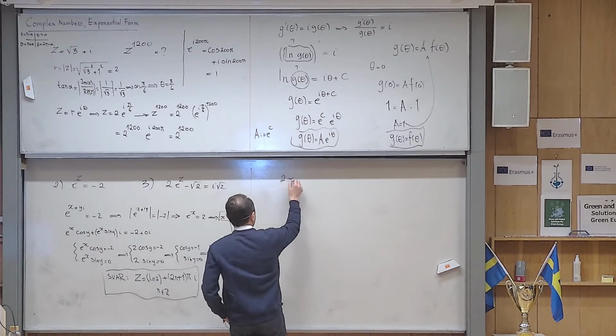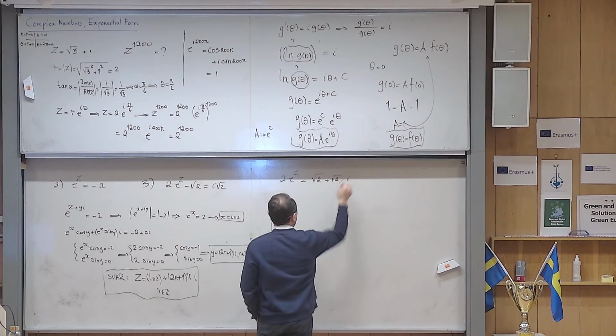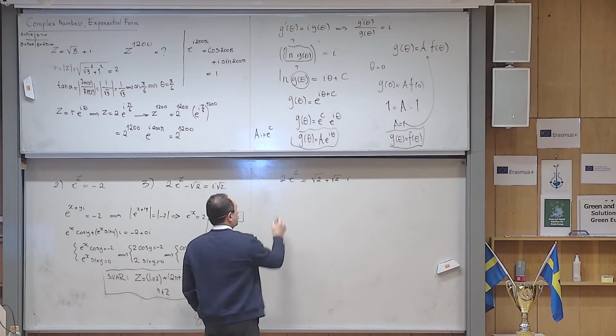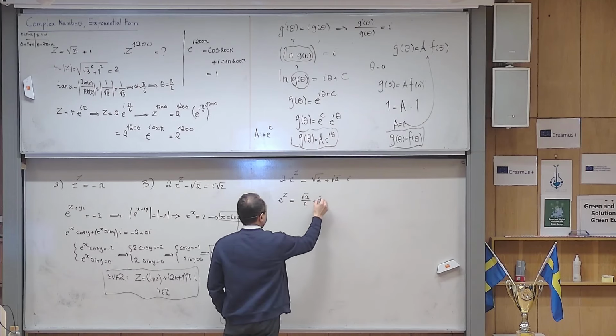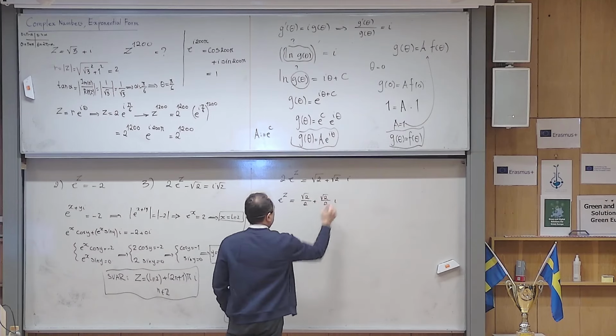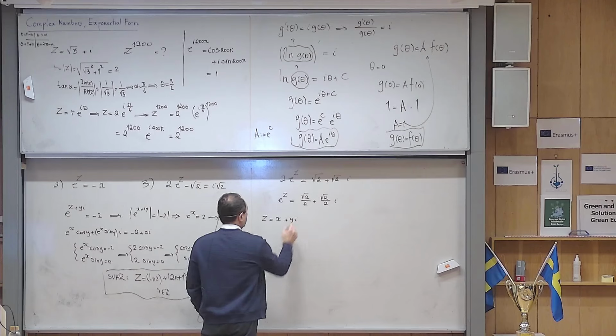So I would write 2e to the z is equal to square root of 2 plus square root of 2 i. Then I divide everything by 2. And then I would say let z be x plus yi. I put it here.